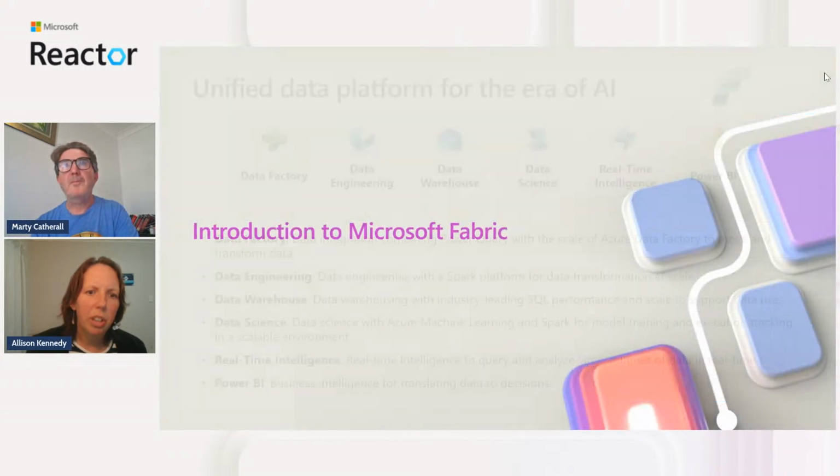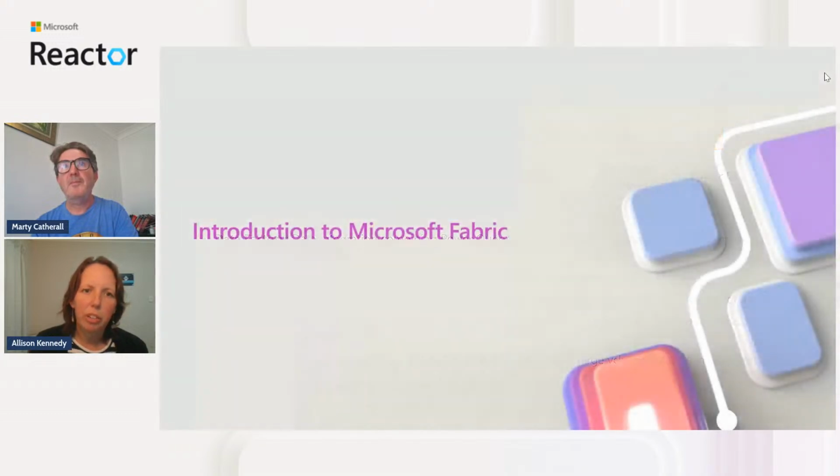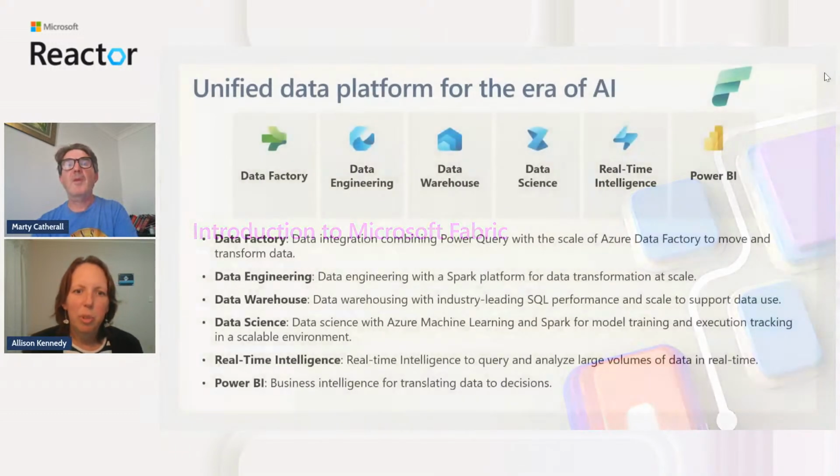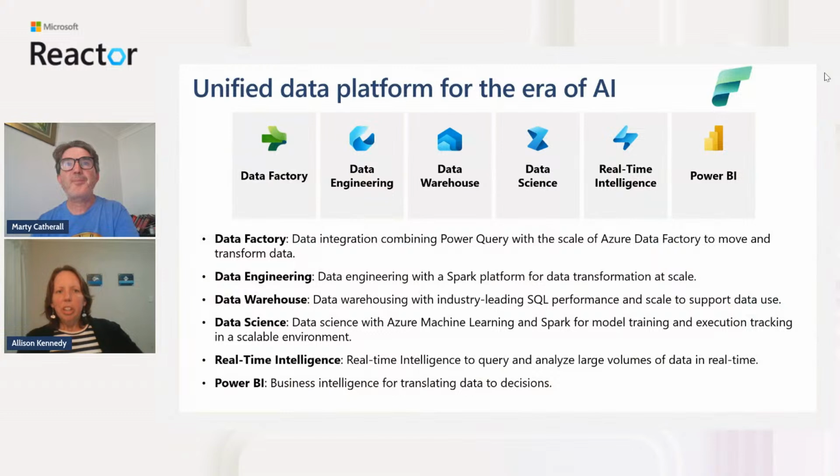We're going to start with an introduction to Microsoft Fabric. Marty, if you could sum up Fabric in a sentence or less, how would you do it? Yeah, I think it's that SaaS platform, that software as a service, and it's bringing a lot of features that were previously all isolated within Azure.